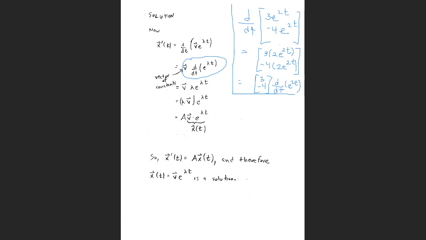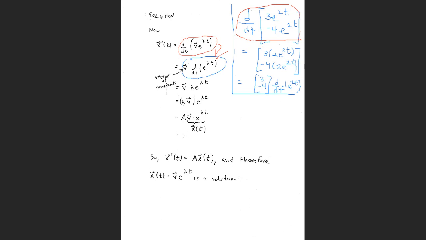How do we go from here to here? You see how we have the 3 and the negative 4 in front of the e to the 2t?